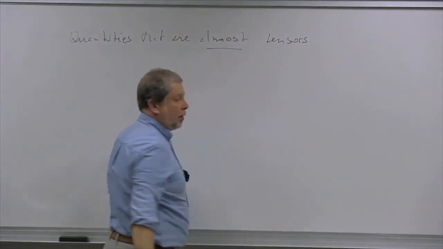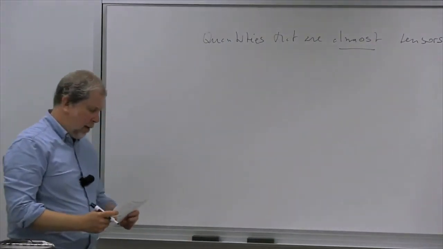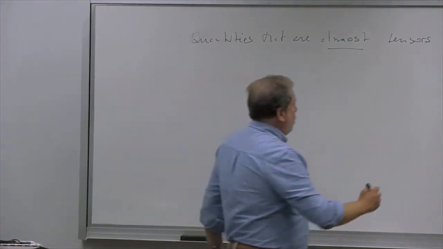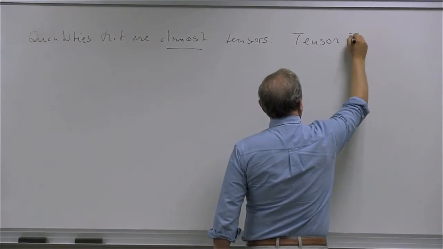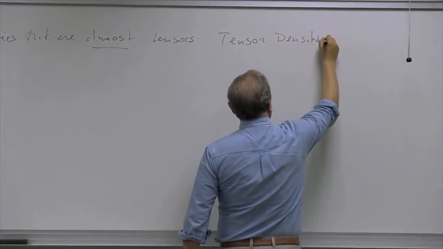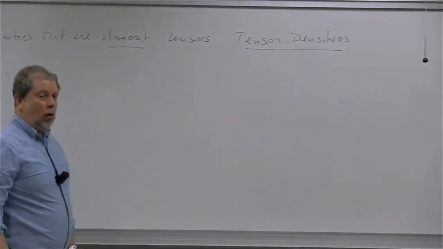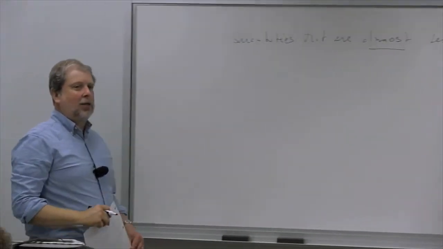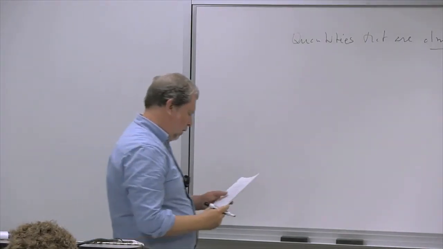And there are some important examples of that which will be useful, in fact, later on. And so those are called tensor densities. So they almost transform like a tensor, but there's an extra piece. But the extra piece is sufficiently simple that they're very close to tensors.